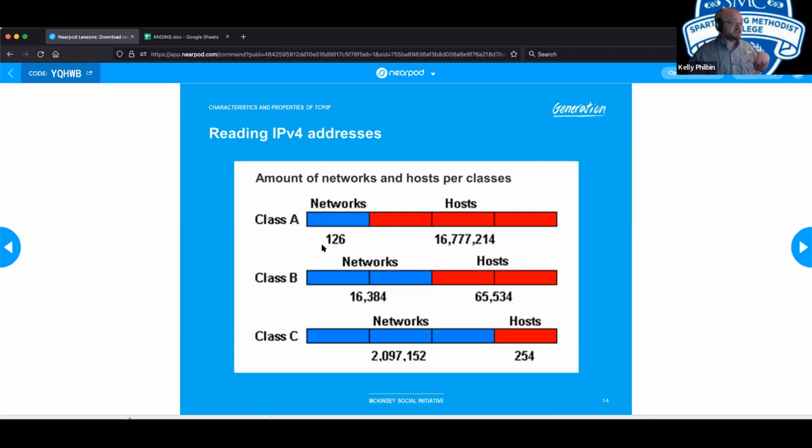This is for very large organizations, Google, Amazon, things like that, Comcast, AT&T. These would be for very, very large networks that need lots of computers. So we're looking at a possible number of 16 million plus hosts on each one of these networks. So it's a lot of computers, but there aren't many networks that are that size, right?